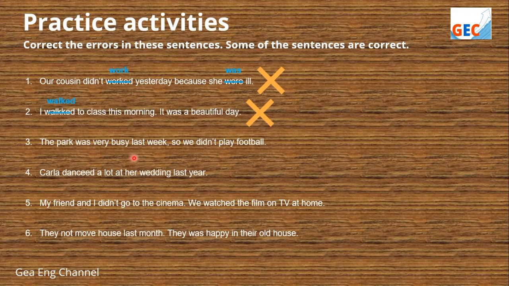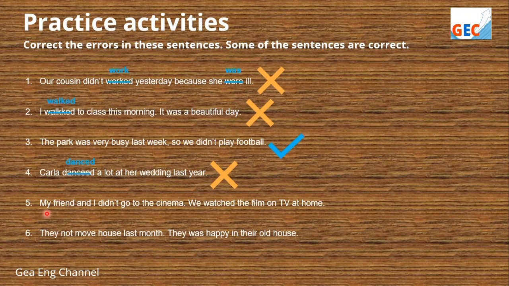Is this sentence correct? Yes, it is. Number 4, Carla danced a lot at her wedding last year. Is this sentence correct? No, it's not. It is wrong, so it should be, Carla danced a lot at her wedding last year.